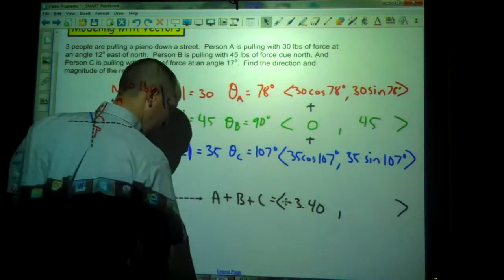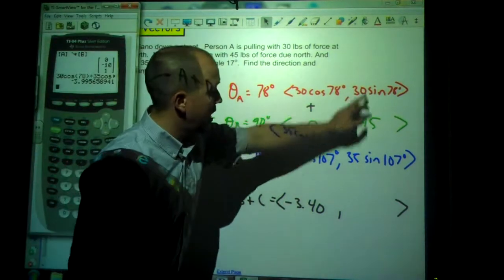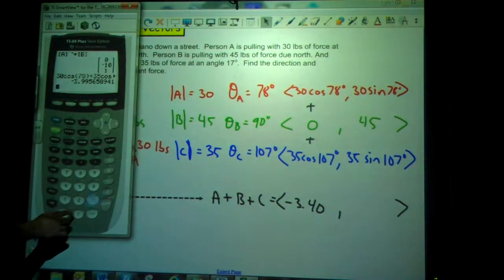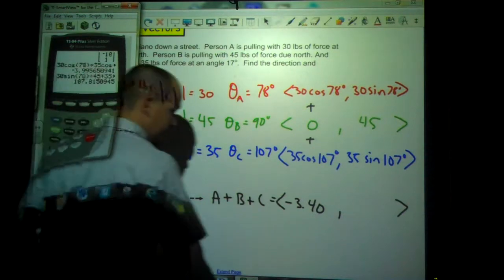And then I'll add the y components together. So 30 sine of 78 plus 45 plus 35 sine of 107. 107.82.